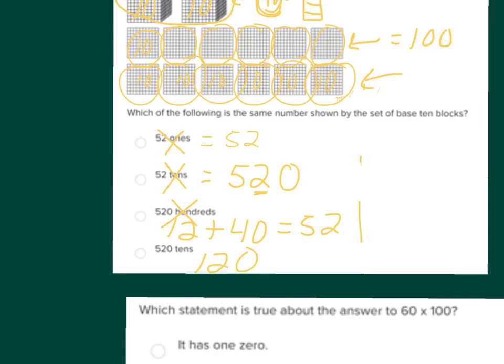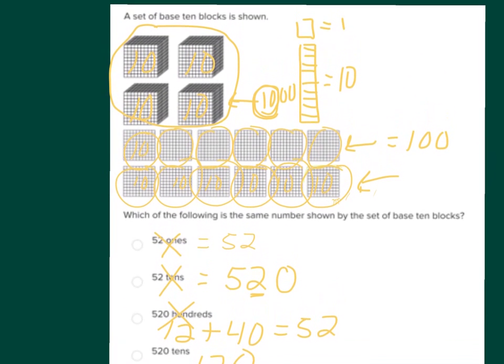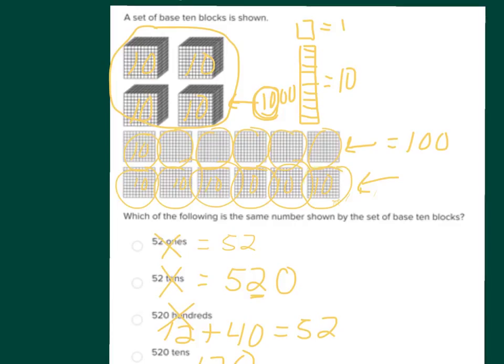And let's go look back up at the cubes. How many tens are in each cube? Well, let's take a look at the number 1,000. Each cube represents 1,000. How many tens is that? Every 1,000 is 100 tens.